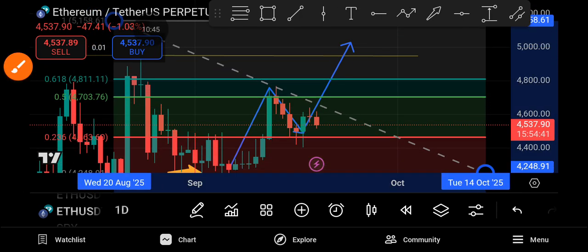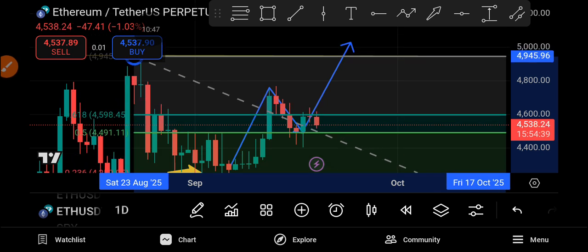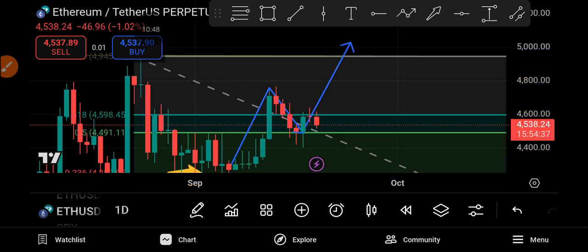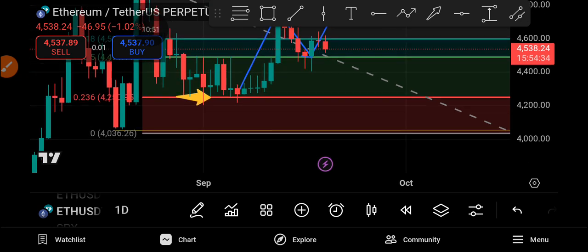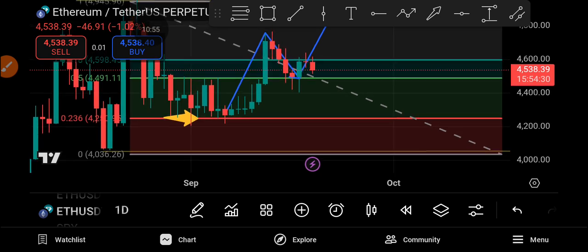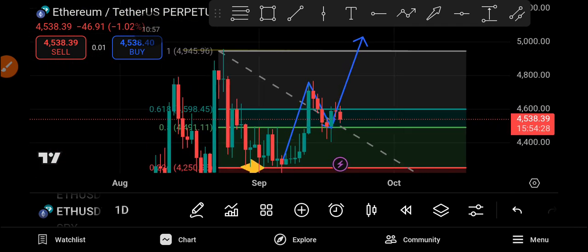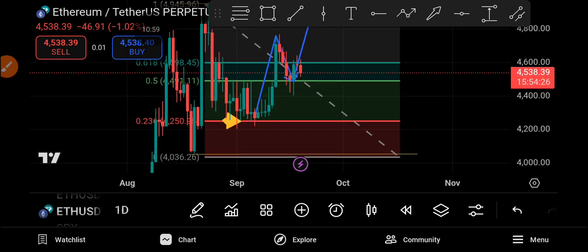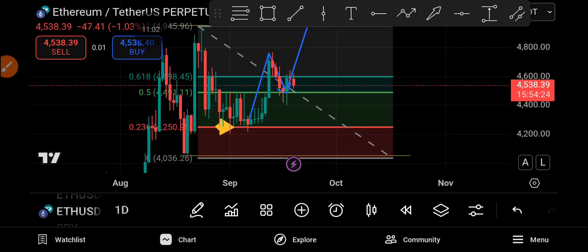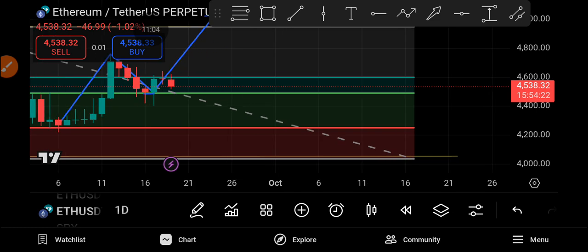Okay, hope you're seeing how the Fibonacci holds the market. Are you seeing it clearly? Okay, the market will be held by the Fibonacci levels. These are the Fib levels.